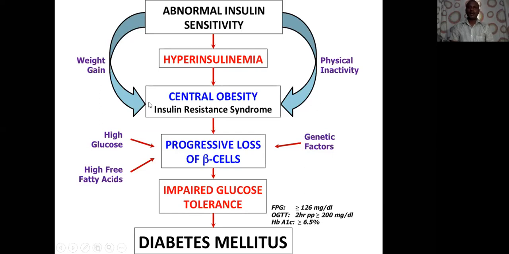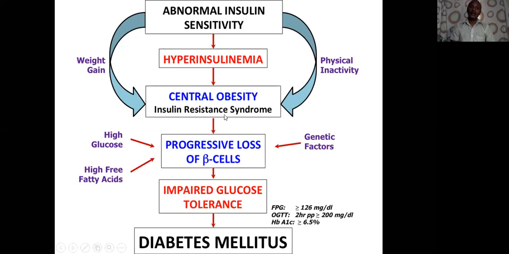If you have abnormal insulin sensitivity, central obesity will be there, and weight gain will happen. And if you have physical inactivity, again you will become obese, and the central obesity can cause insulin resistance.